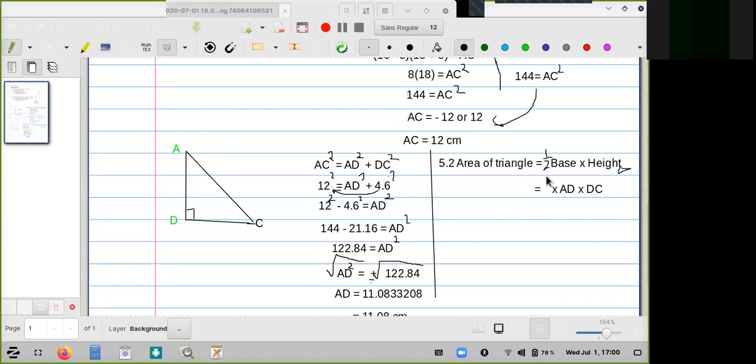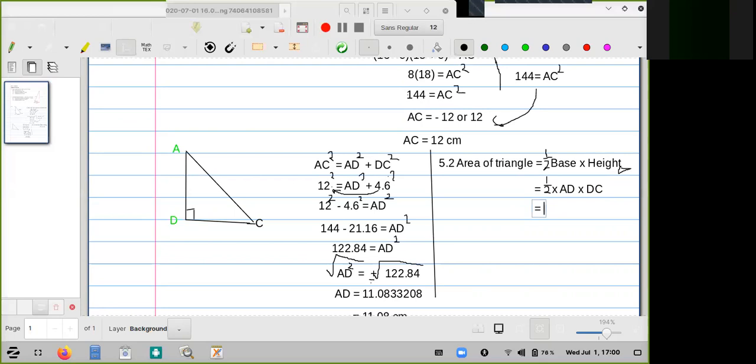Remember, it's a half times... equals to, again, that half.